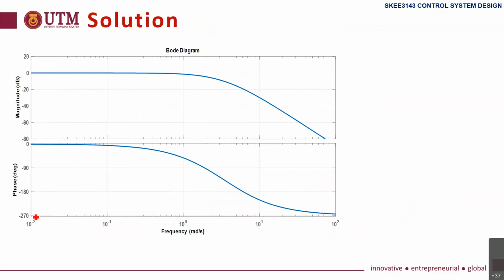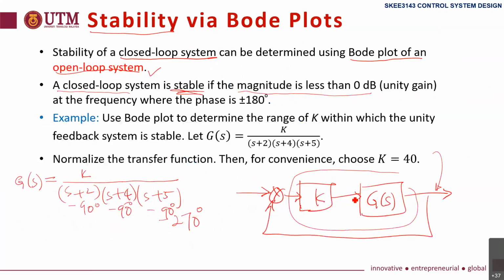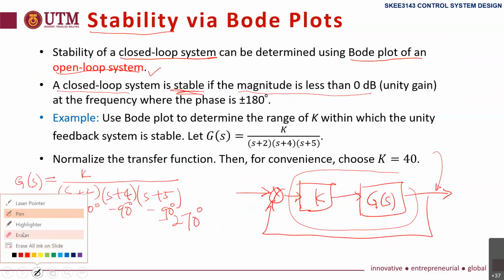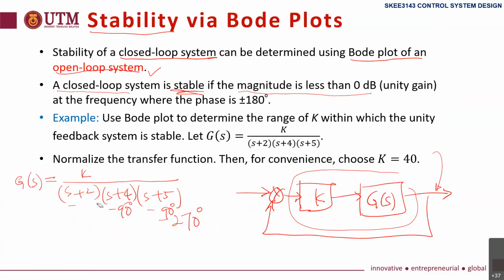It goes to minus 270 degrees. We know that we have 3 poles and no zero, so the difference must be 3. That is one piece of information that we can straight away obtain by looking at the number of poles and zeros.